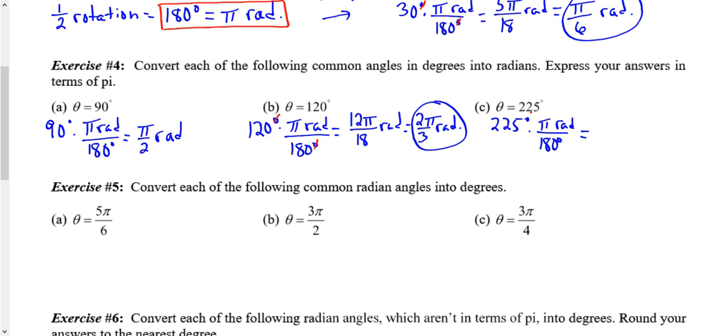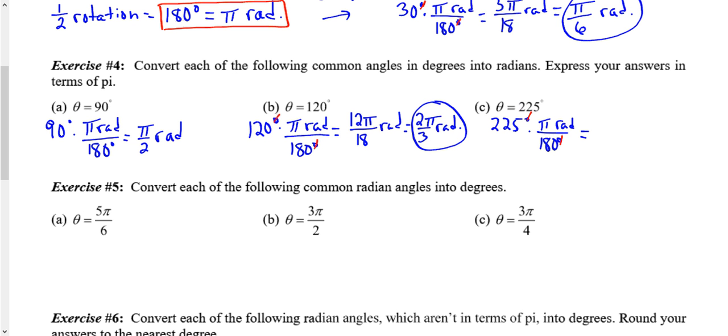So we know that the degrees will cancel, right? Now, 225 and 180, if I divide 225 by 5, what do I get? 45. 45, right?